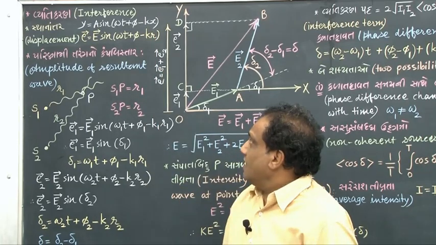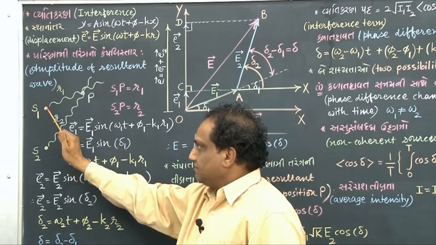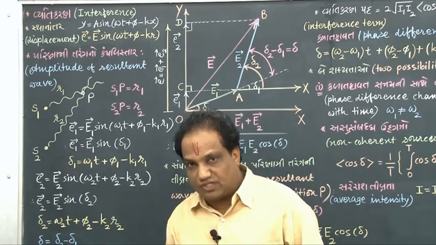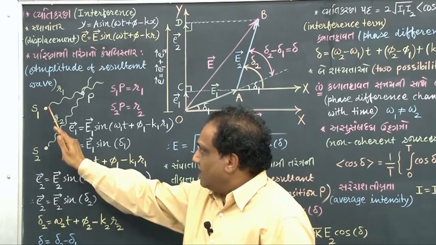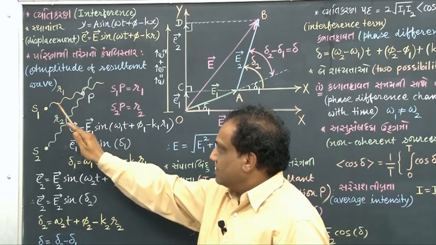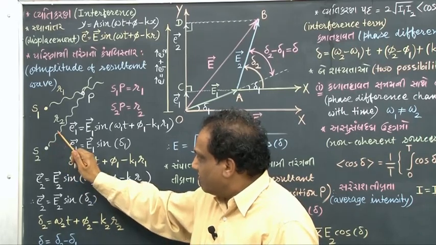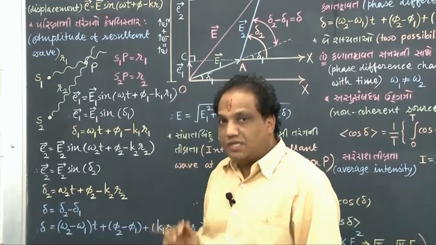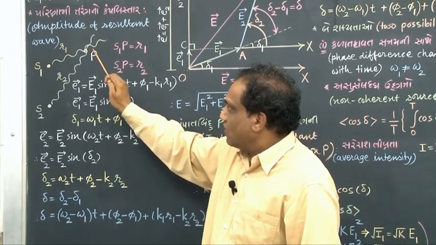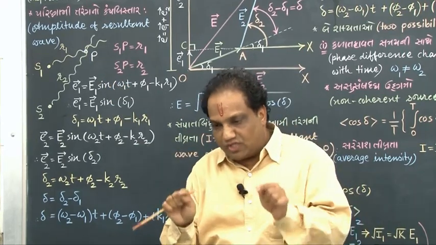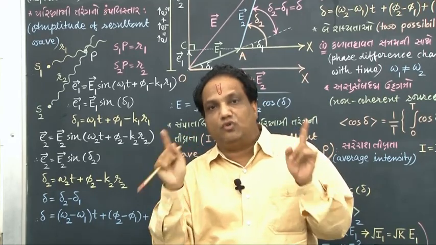Okay, fine. Now, consider two point-like sources of light waves, say S1 and S2. They emit light waves. See, this is the first wave emitted from first source, and say this is the second wave emitted from second source. Suppose these two waves superpose at this very point, say point P. At time t, when they superpose, what are the displacements of electric intensity vectors in both the waves?